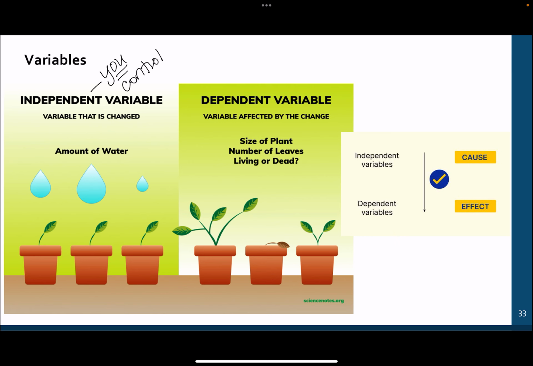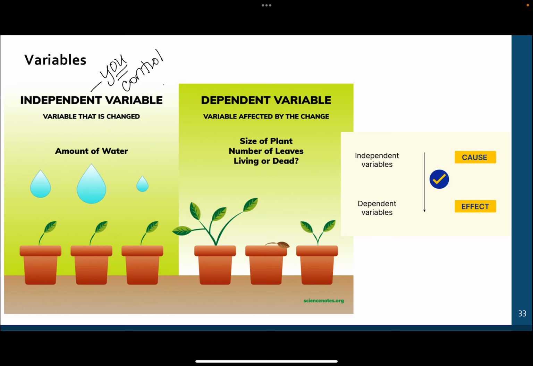Now, you can't control the sun, but you can control when you take your measurements. And so for that hypothesis that is sort of our theme through this section, the independent variable is going to be the amount of sunlight, or the hours of sunlight. The dependent variable is going to be the variable that is affected by change.